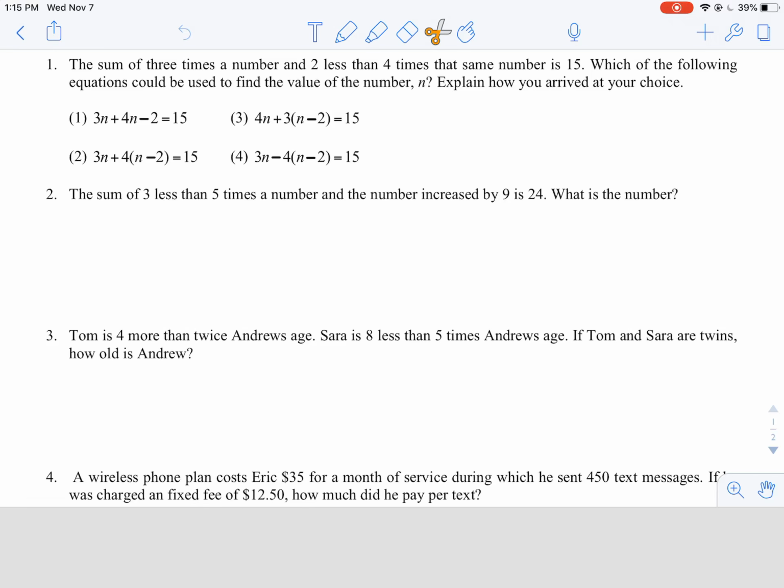The sum of 3 less than 5 times a number and the number increased by 9 is 24. What is the number? Well, when you read it out like that, it seems really complicated, so we need to break it down. When you see the sum of or the difference of, you want to look for that word that separates the two things you're adding, subtracting, multiplying, or dividing. In this case, sum means we're adding. So the two things we're adding are separated by the word and.